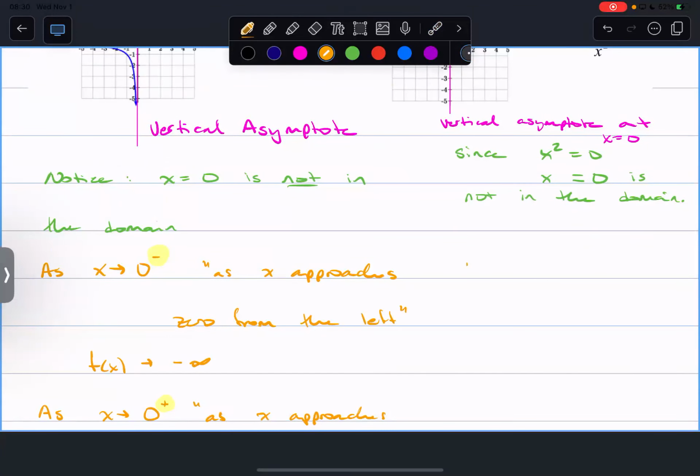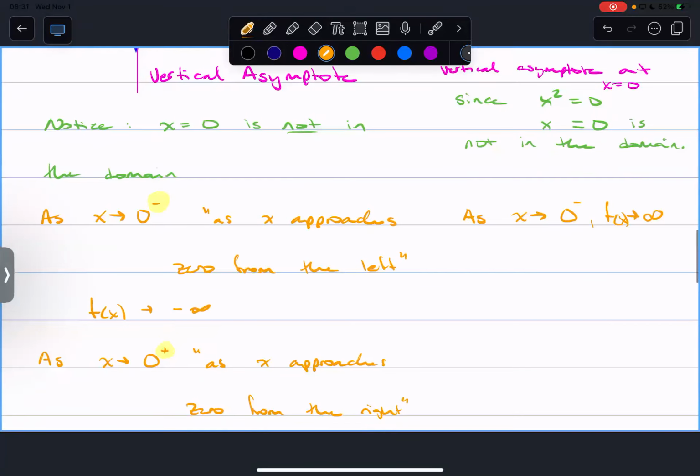As x goes to 0 from the left, f of x goes to infinity. And as x goes to 0 from the right, f of x also goes to infinity.